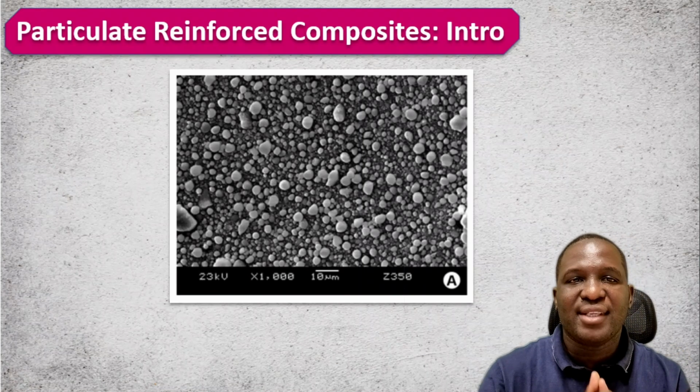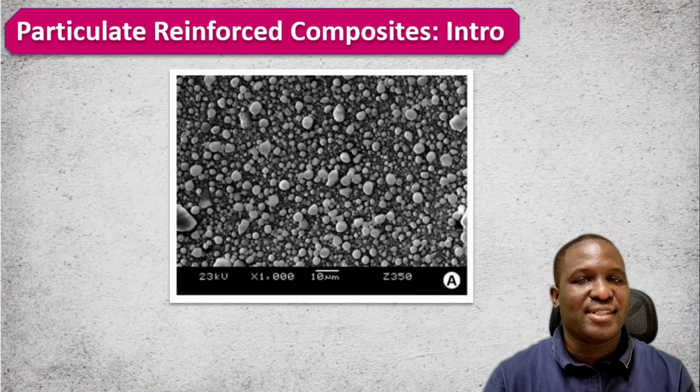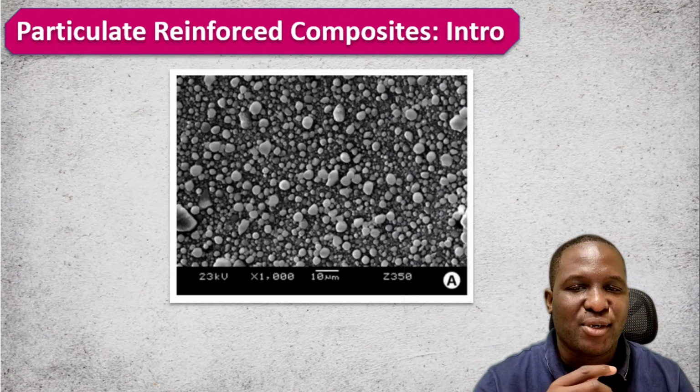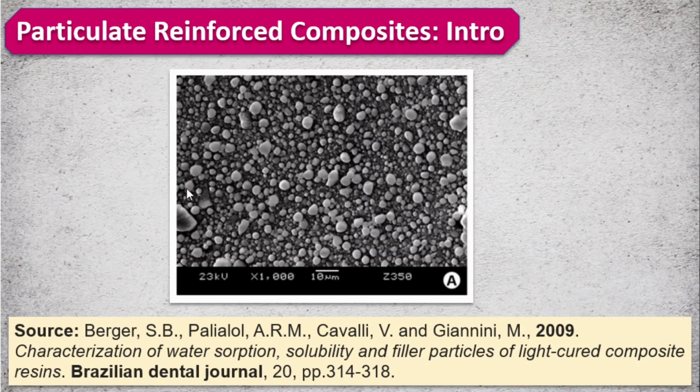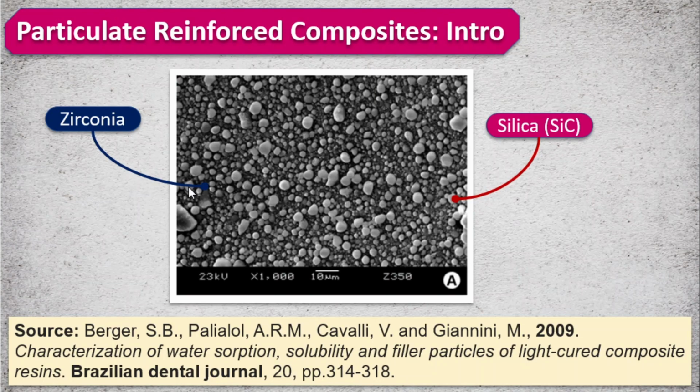This is not an aluminum silica composite, rather it's a zirconium silica composite. This is where I got the information from. Basically the zirconium is the matrix medium, and silica is the reinforcement associated with this kind of system. So this is what we have with this material.